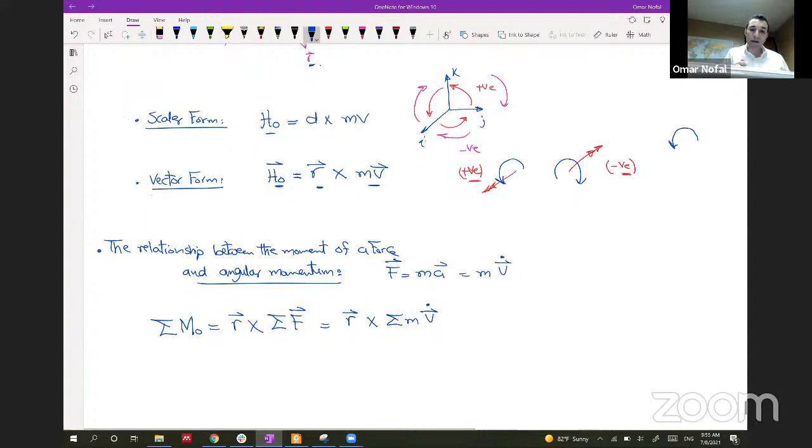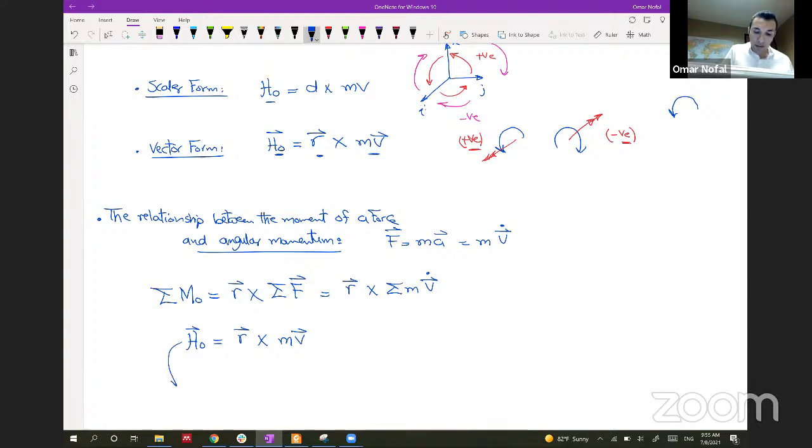We know that H_O is equal to the R vector crossed with the mv vector. Let's get the time rate of change of the angular momentum. I need you to be able to differentiate between the moment of a force and the angular momentum of a body. The angular momentum of a body is related to the linear momentum, and the moment of a force is related to the force on a body.